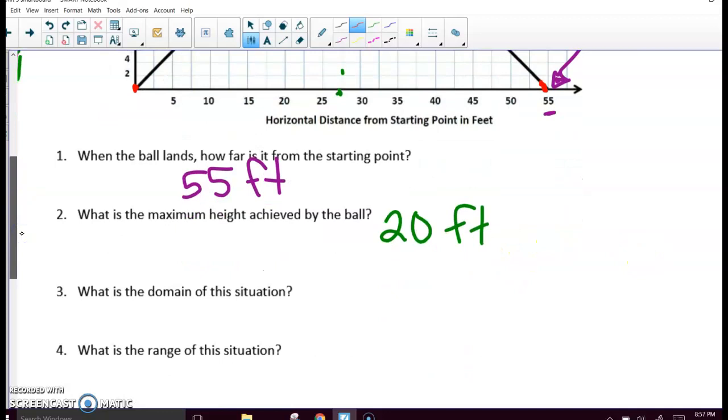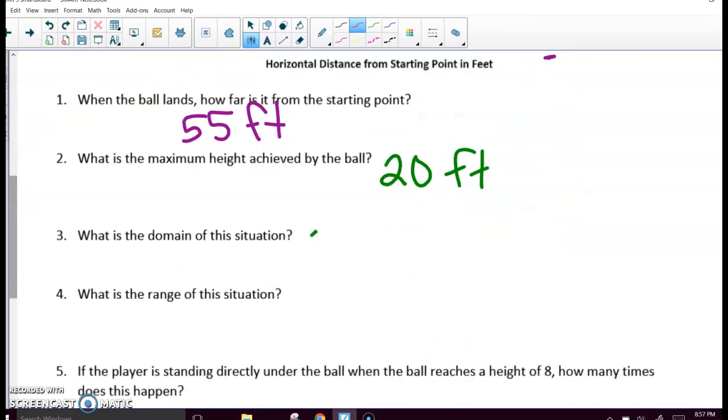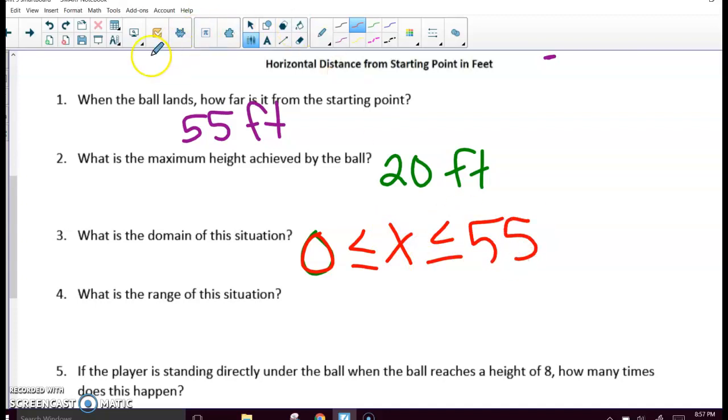So I'm going to write that as an inequality. My domain would be 0 less than or equal to x, which is less than or equal to 55. That was the maximum x value.